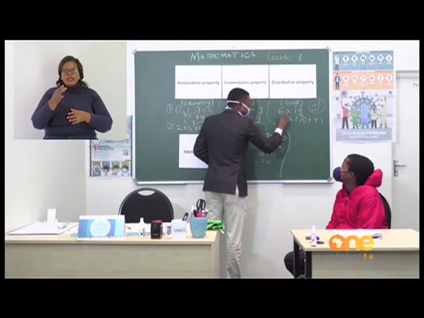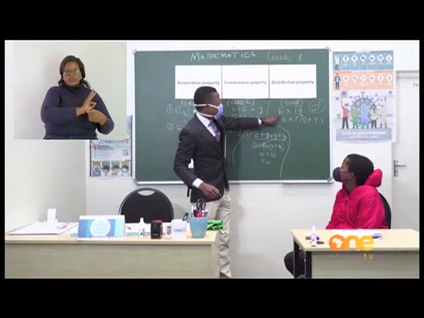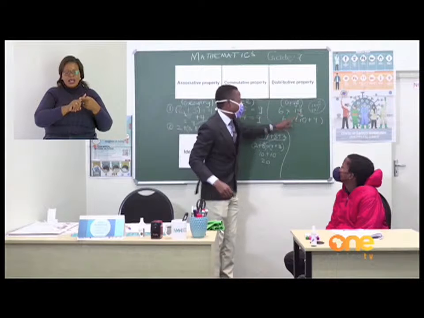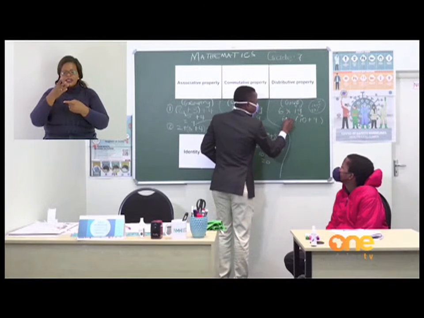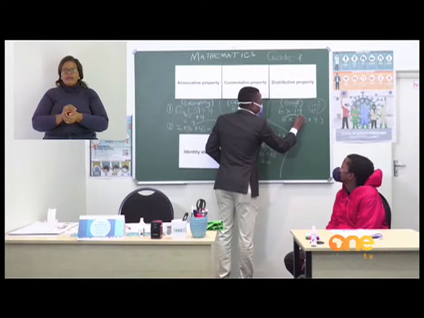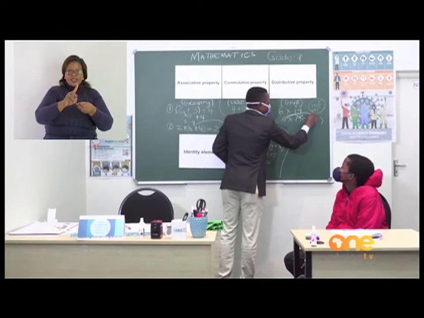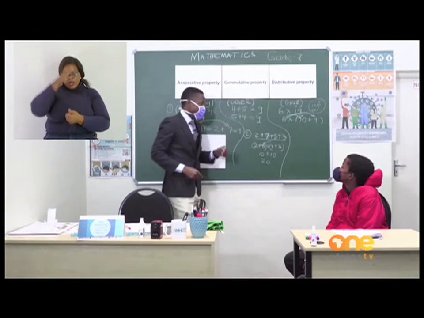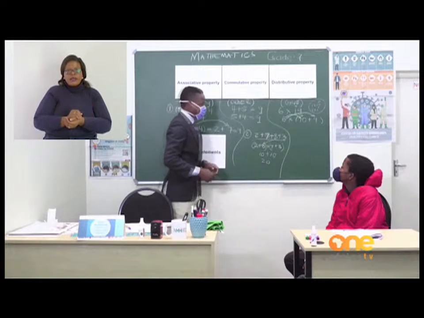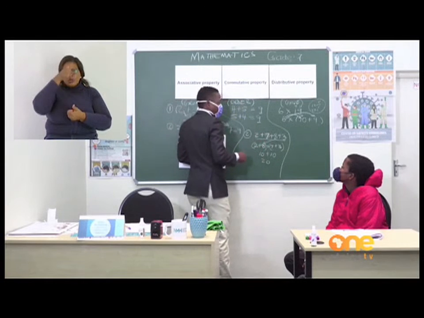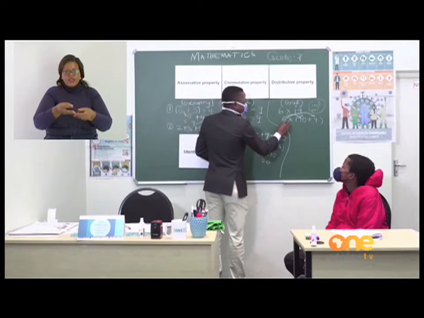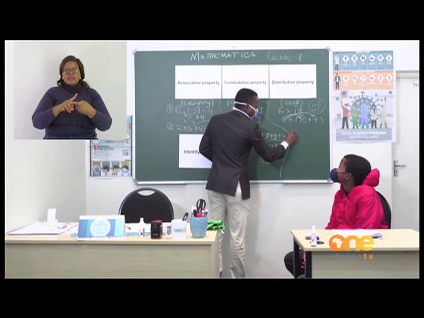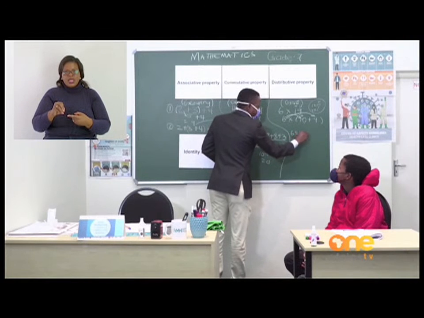Then times 6. So in short, you are saying 6 times 10 and 6 times 9. You are giving 6 to 10 and you are also giving 6 to 9. So you are distributing. Remember the granny in the booklet, who is giving sweets to the grandchildren. So you have 6 times 10.